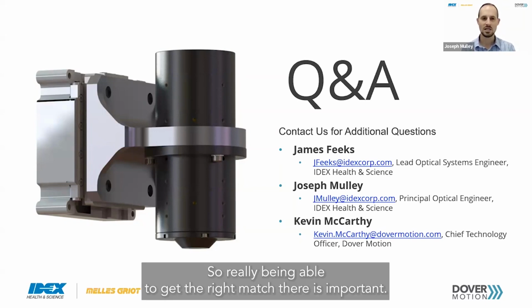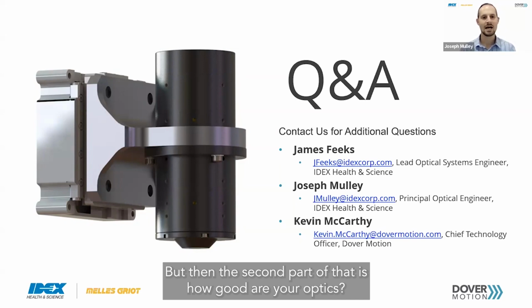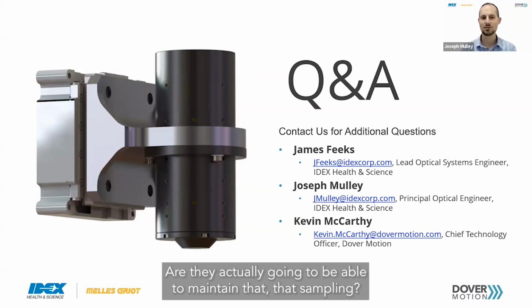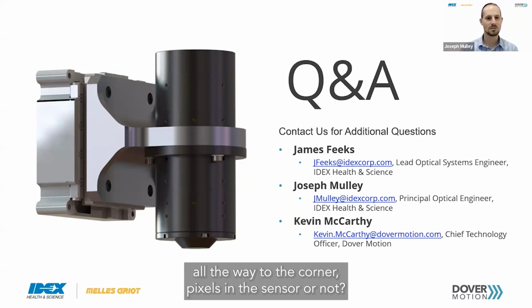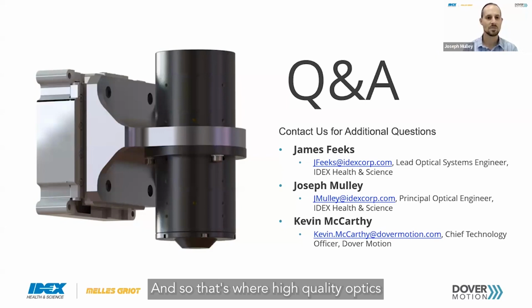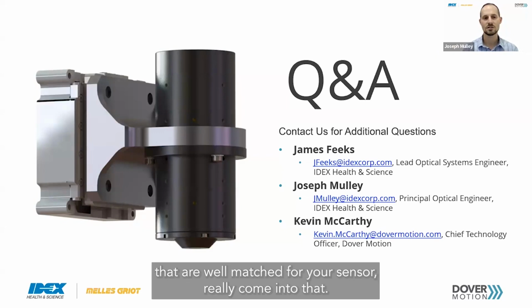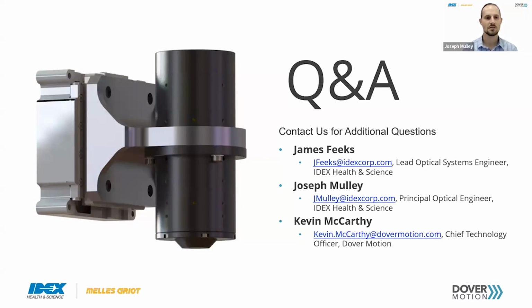Being able to get the right match there is important. But then the second part is, how good are your optics? Are they actually going to be able to maintain that matched sampling that you're counting on all the way to the corner pixels in the sensor or not? That's where high quality optics that are well matched for your sensor really come into it.